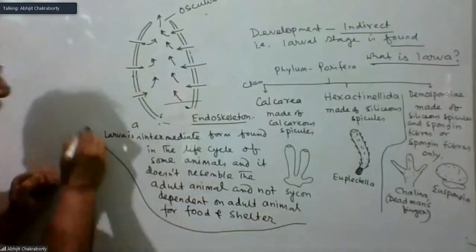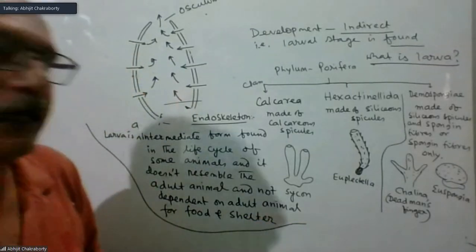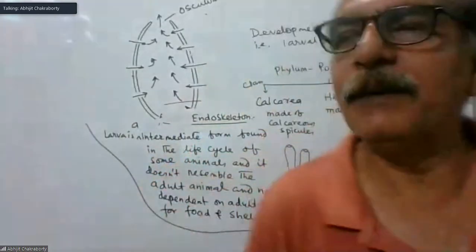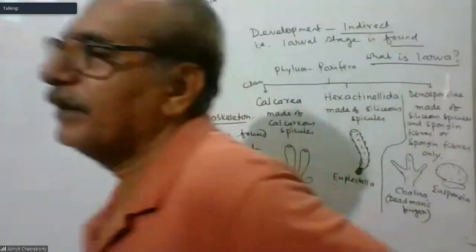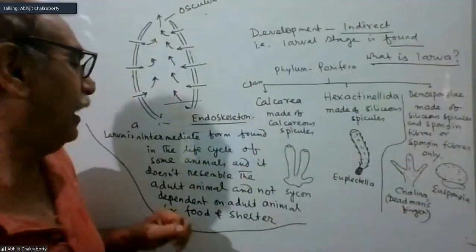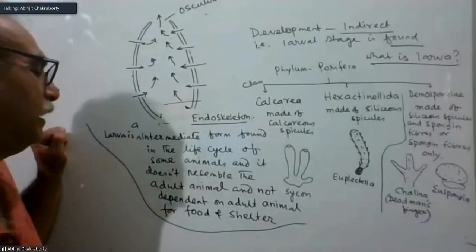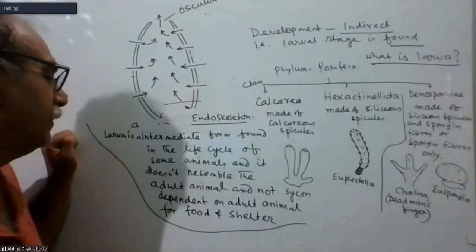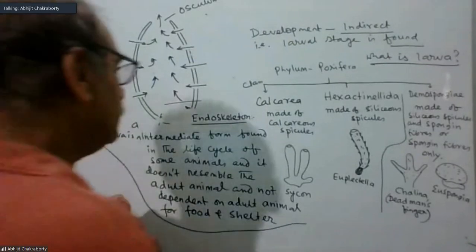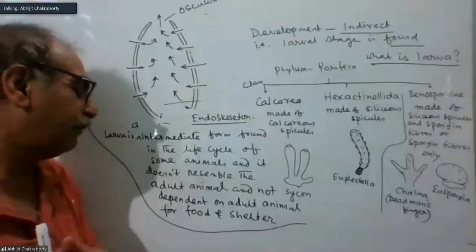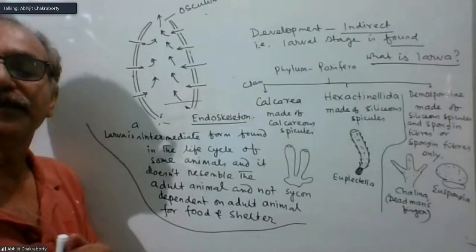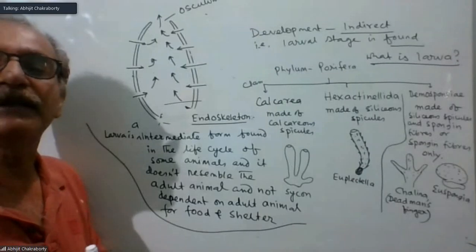Then you can call it larva. Very clear? Larva is an intermediate form found in the life cycle of some animals, and it doesn't resemble its adult parent, and is not dependent on the adult for food and shelter. Then you can use the term larva. Is it clear?